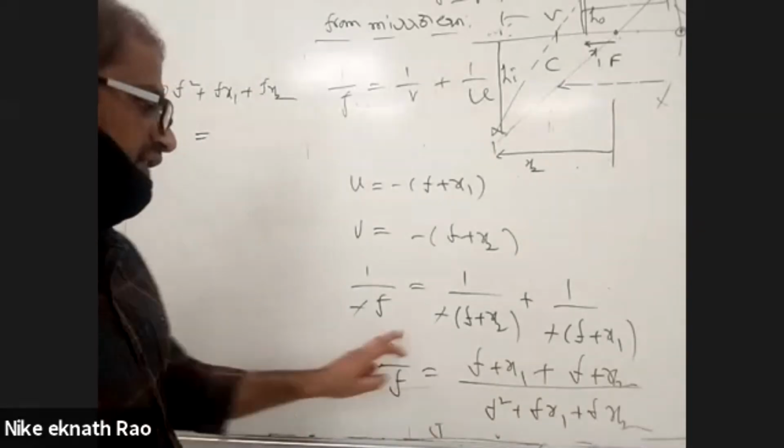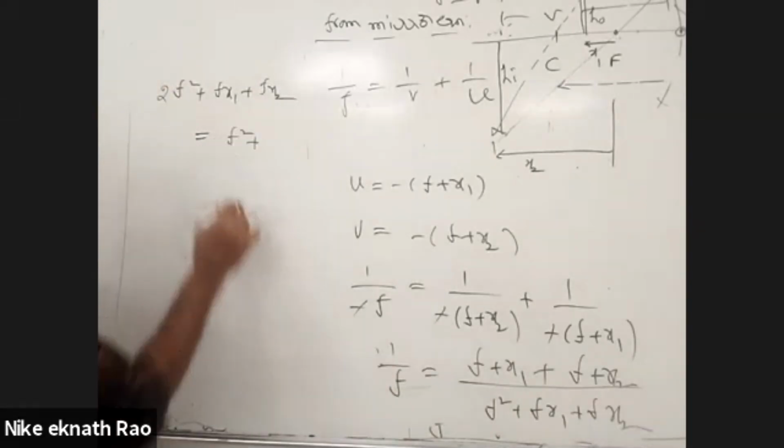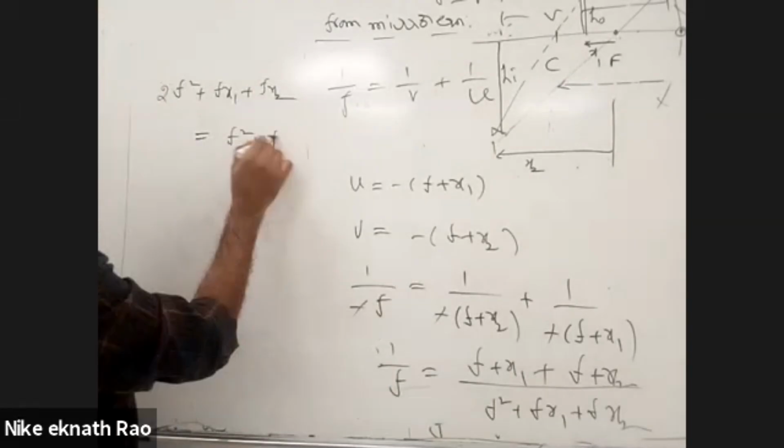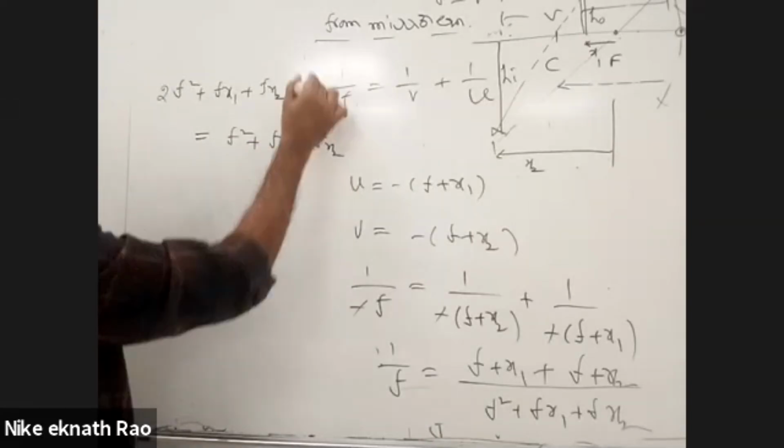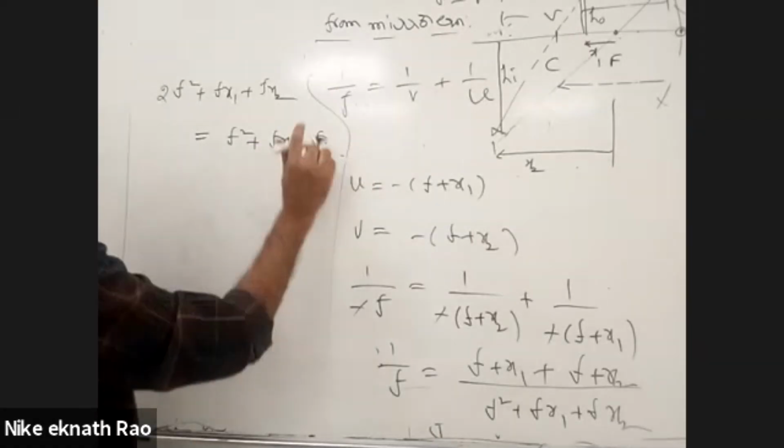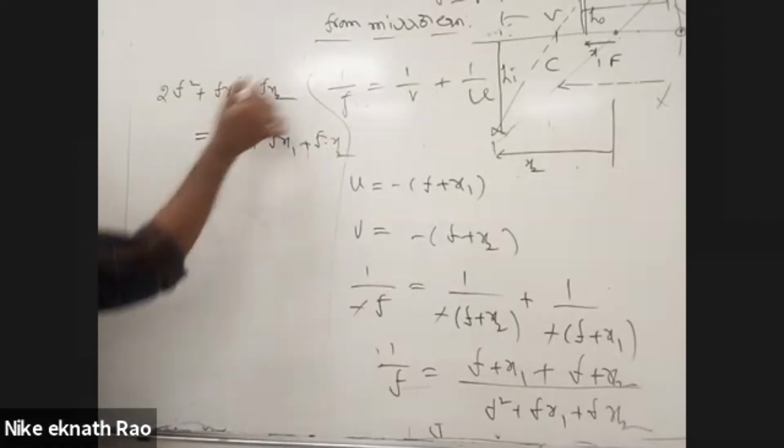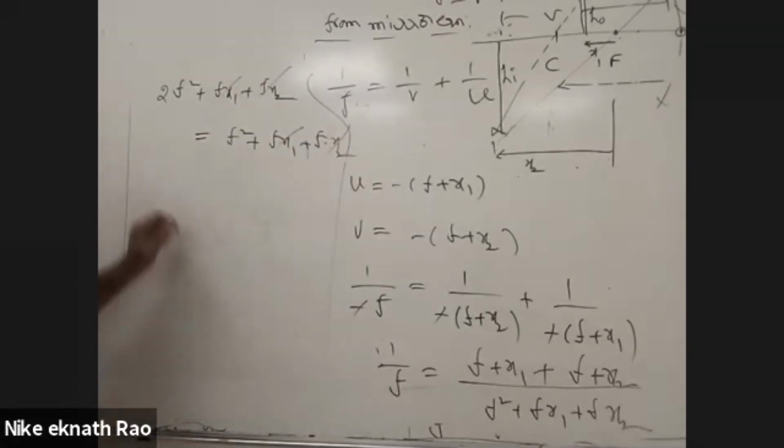Take this to the left side. f square plus f x1 plus f x2. So this gets cancelled now.